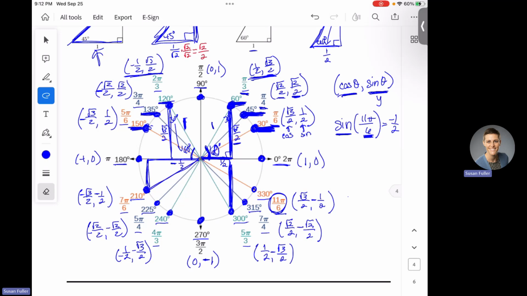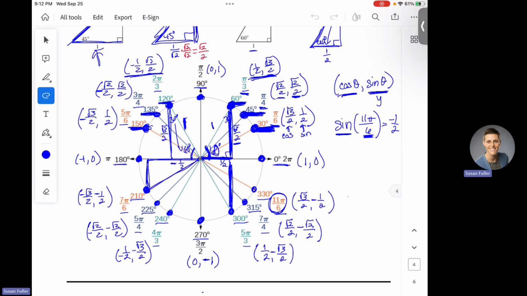I didn't have to plot this in standard position and find the reference angle and figure out what the reference triangle was and fill in my special triangles and do opposite over hypotenuse. I could just look on this unit circle and grab the value. There's a lot of information readily available to you in this unit circle.